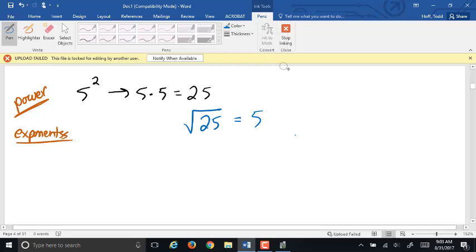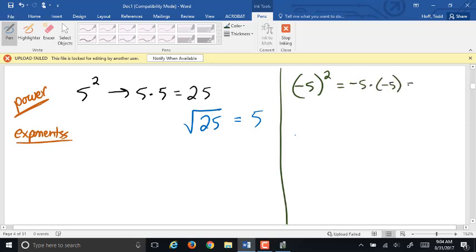Now that we have the negatives in the picture though, negative 5 squared should be negative 5 times negative 5. What should that be? That's also 25. If I square root 25, do I get back to a negative 5? Well, we just square rooted 25 here and we got a positive 5, didn't we?